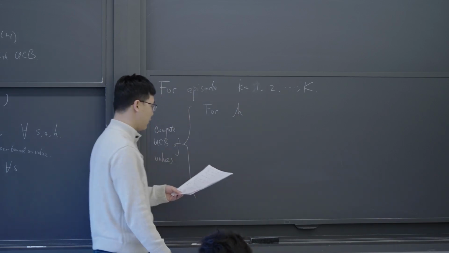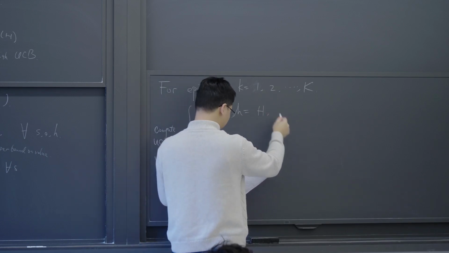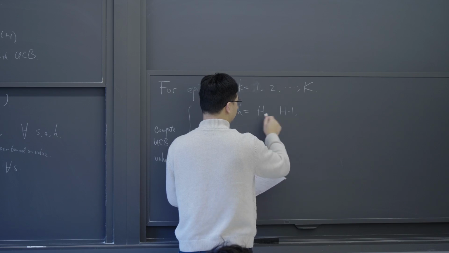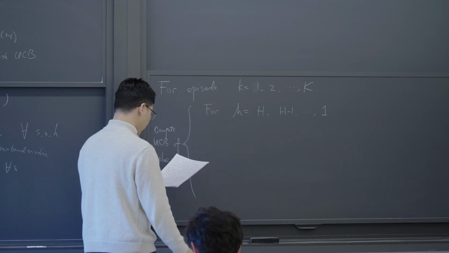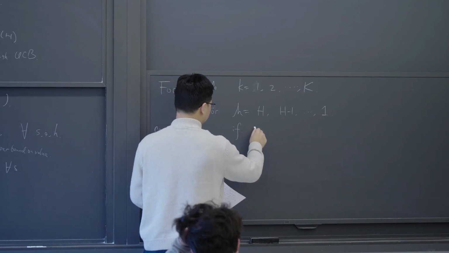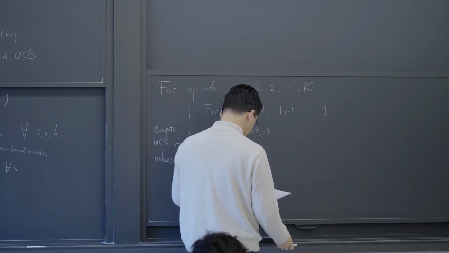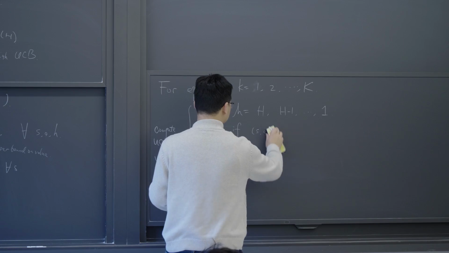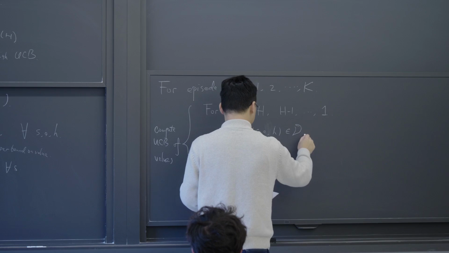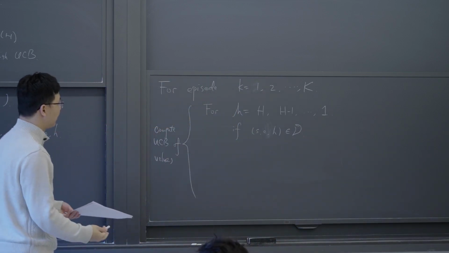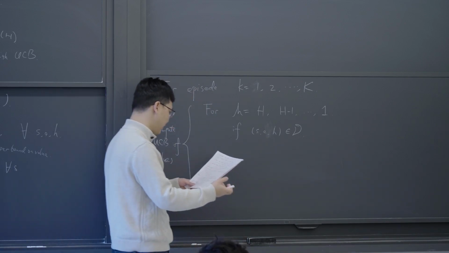The idea is basically just doing value iteration plus bonus. When we do value iteration, we start from the very last step to the first step. We start from capital H to H minus 1 and till 1. What we do is we first check if this state action pair s, a, h is already in this data set D. So in the data set, have we ever observed an s, a pair at step h?